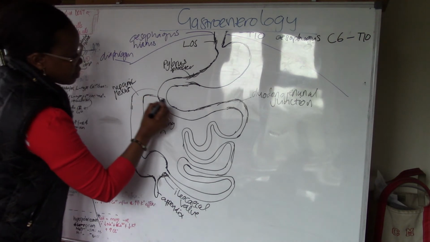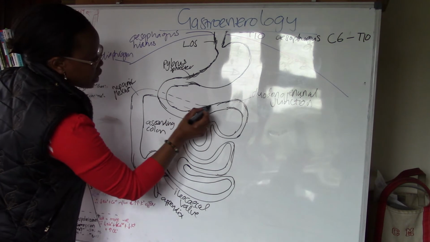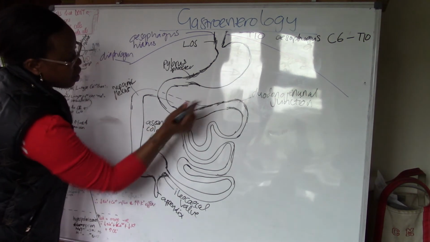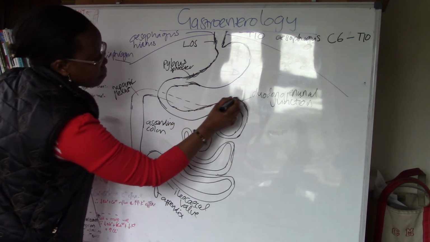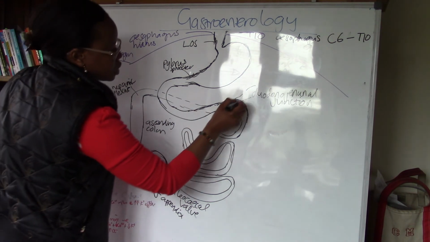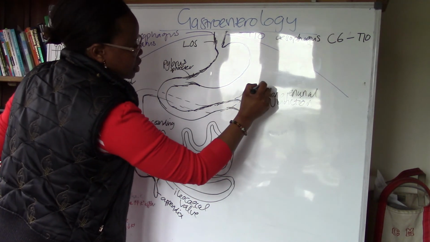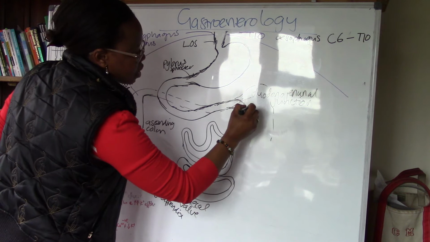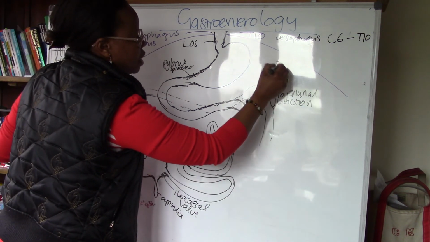And then it becomes the transverse colon, running under the stomach there, and again makes a sharp turn at the splenic flexure.